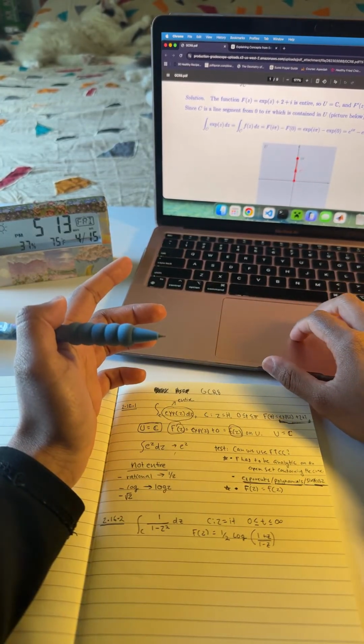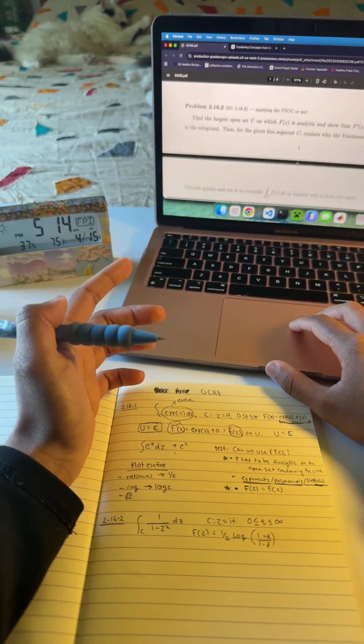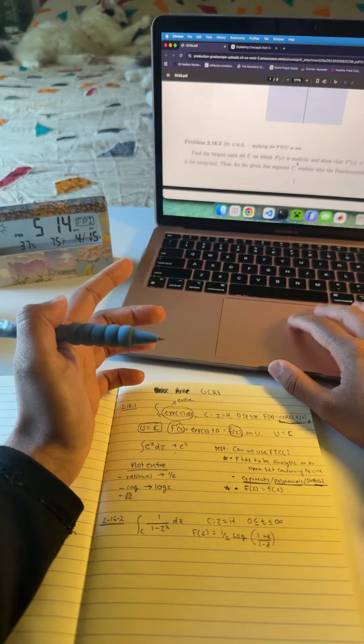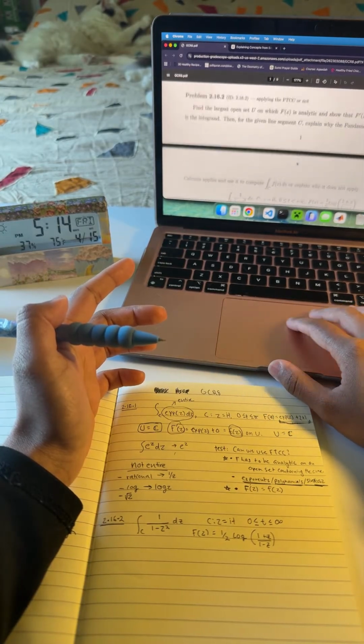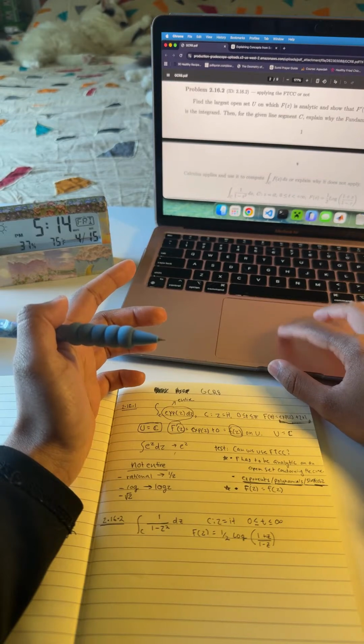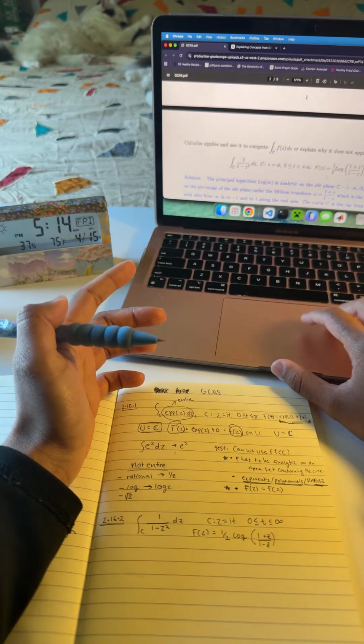So that's how you graph it. That makes sense how they graph that, but I'm not so confident in that. If it's not easy like this question, it's going to be hard to do. But let's keep going. So they give us this f of z is half log of that, okay?